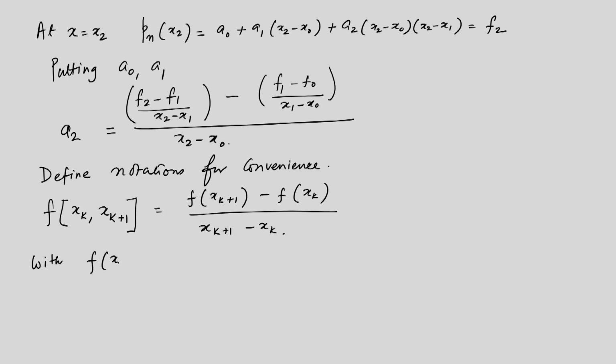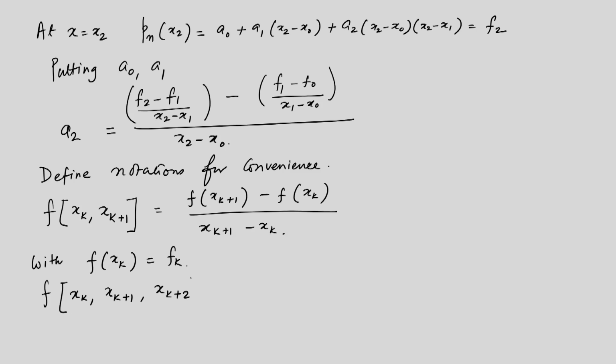So, with f of x k denoted by f k, we can write down another function of a larger order, just like your a 2, which involves the values of the functions at three points, namely f 0, f 1 and f 2. We can define these functions as x k plus 1, just like x 0, x 1 and x 2.